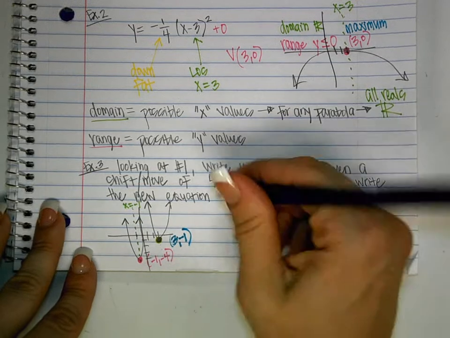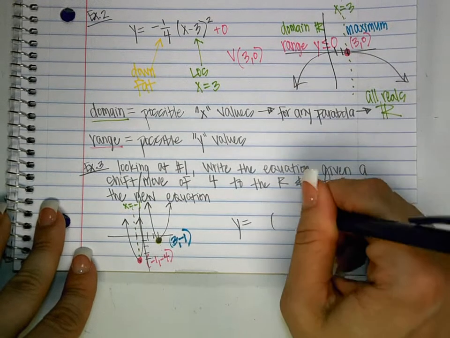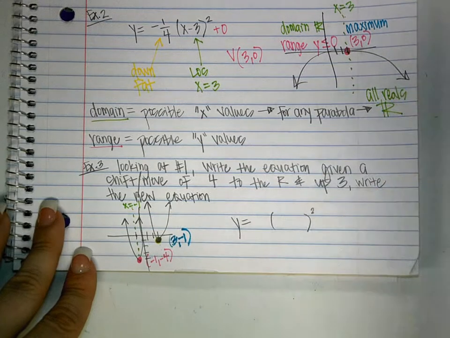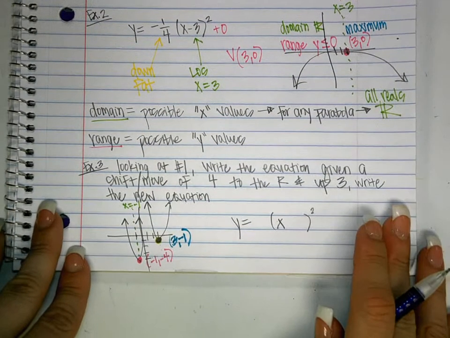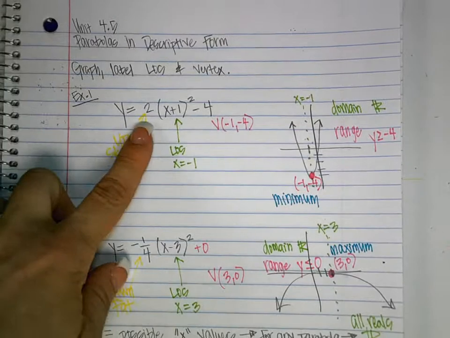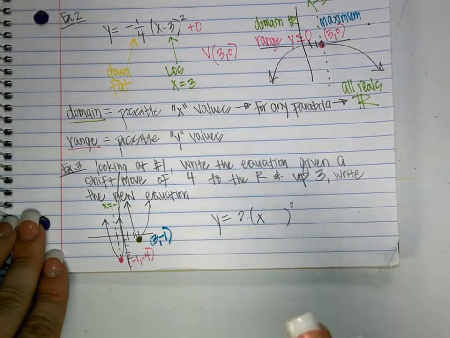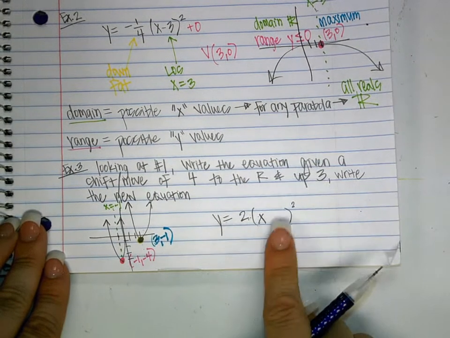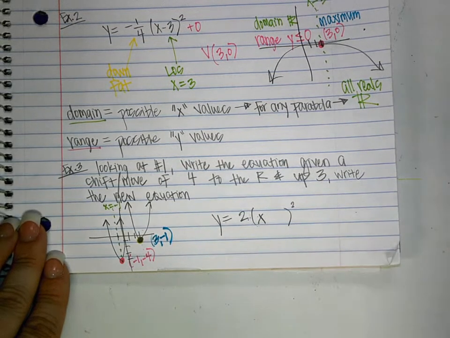Now, if I want to write my equation, remember, I always have y equals, and something inside the parentheses with a square, an x and something inside of the square. Does what was in front change? No. What was in front of my original equation? A 2. A 2 stays exactly the same. What do you know about what's inside the parentheses? This is your vertex, right?